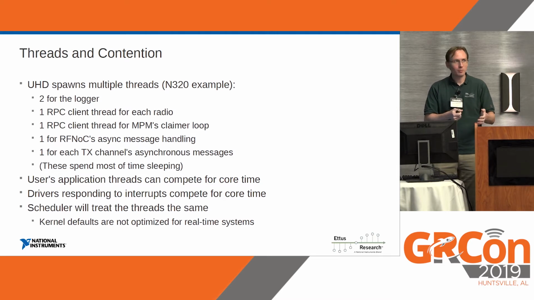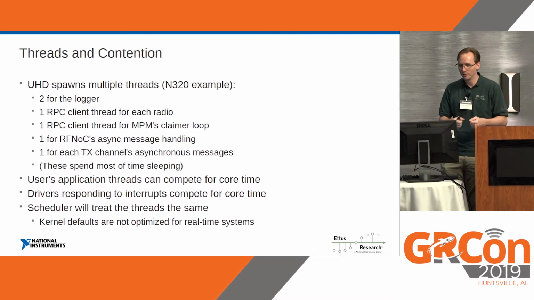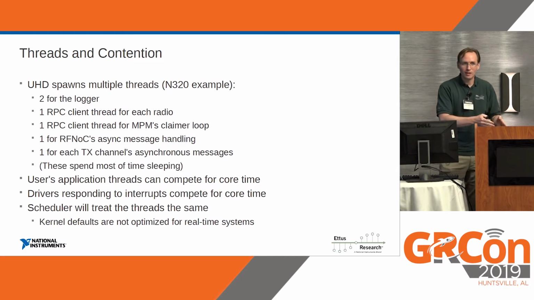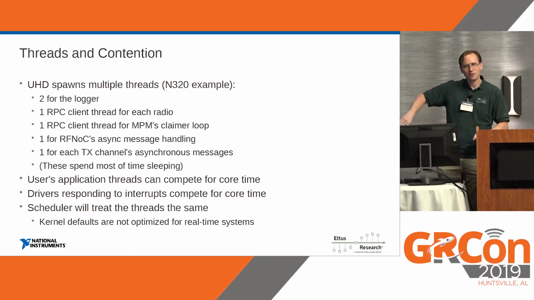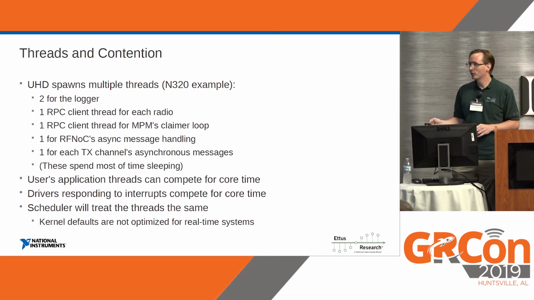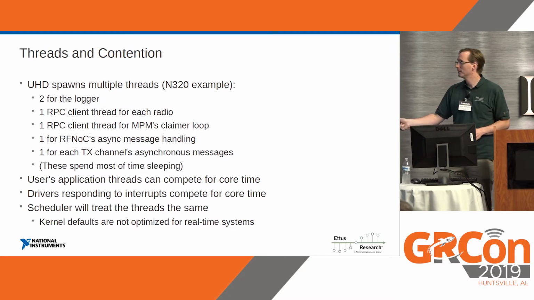And so every time you have another thread that needs to do something, it competes for that core time. It also invites the scheduler to come in and say, I'm not going to let you run right now, let's just let this other thing happen. And it doesn't know what's high priority. So again, the kernel defaults are just not optimized for real-time systems.